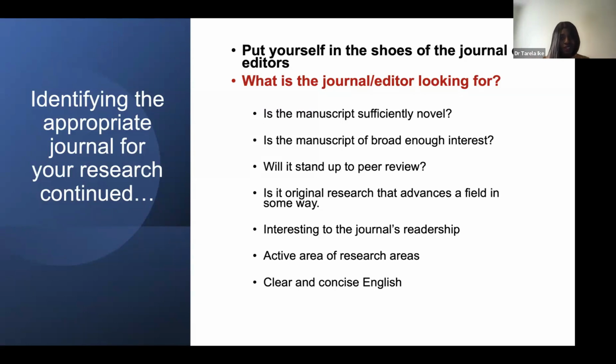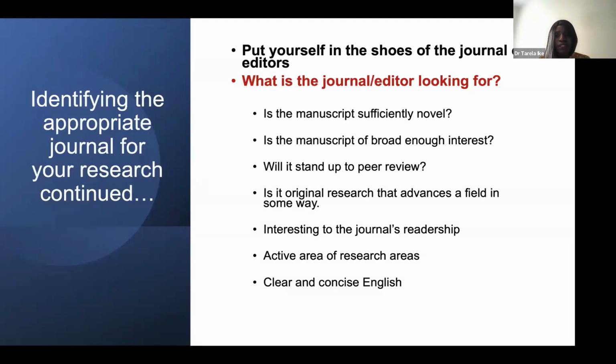Is it convincing enough? So just put yourself in the shoes of the editor of the journal and say, if I'm the editor of the journal, will I actually want this work to be published in my outlet? Once you swap that space, you begin to think more openly and say, for example, oh, this is an area I can improve on to make this more acceptable to my target journal.